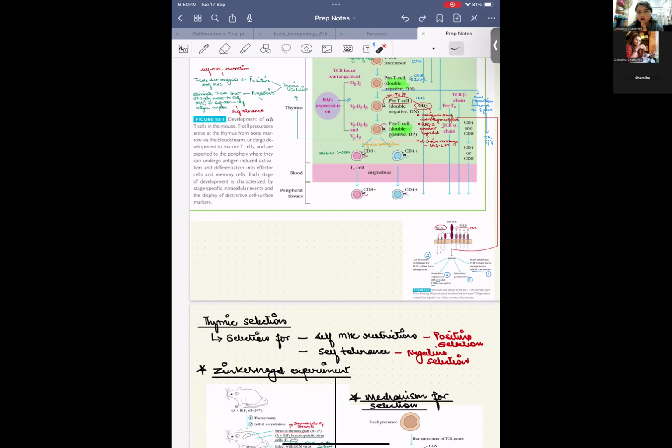Is it so? No. If you remember from the mechanism of VDJ recombination, RAG1 and RAG2, both enzymes together bring the different gene segments together so that the intervening sequence can be spliced out, right? So both enzymes, RAG1 and RAG2, have an equally significant role whenever any recombination event has to occur.